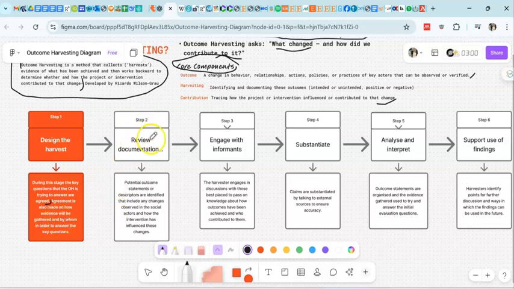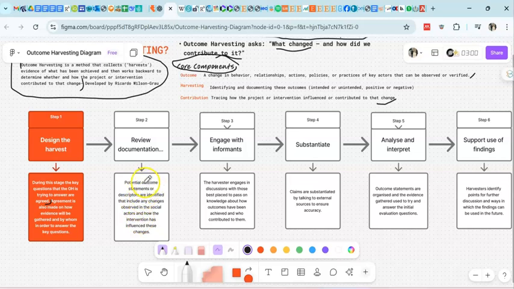The second stage is review and documentation. In this stage, we need to be ready with potential outcome statements or descriptors that include any changes observed in the social actors, and how the intervention has influenced these changes.